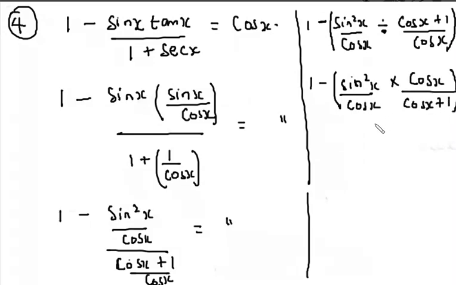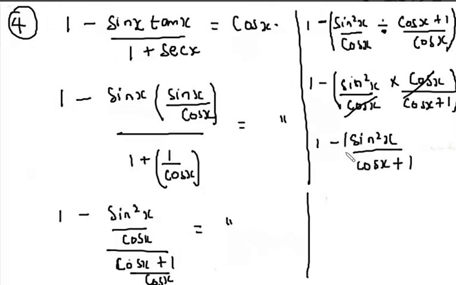Okay, so this would cancel out this. So you now have 1 minus sine square x over cos x plus 1.